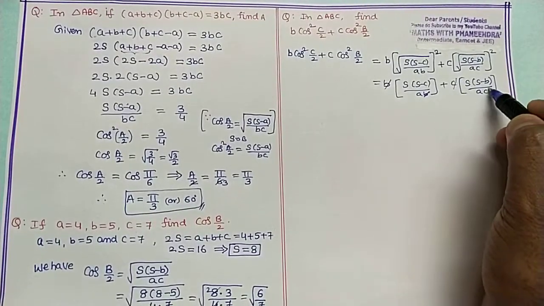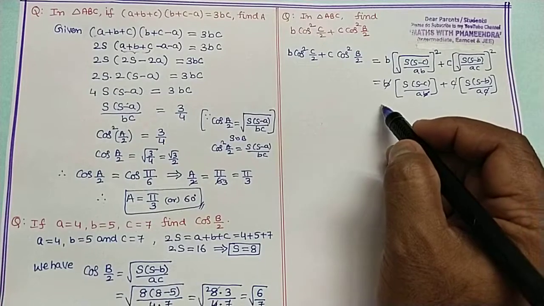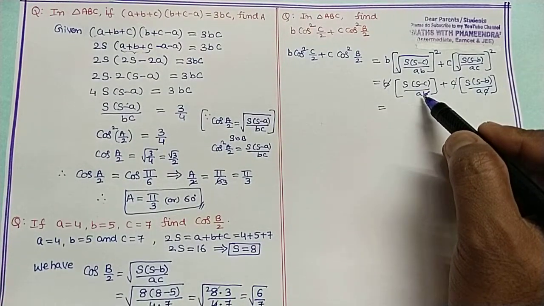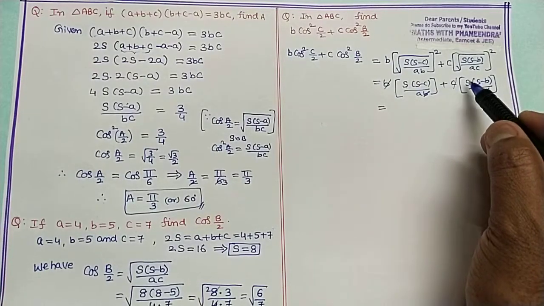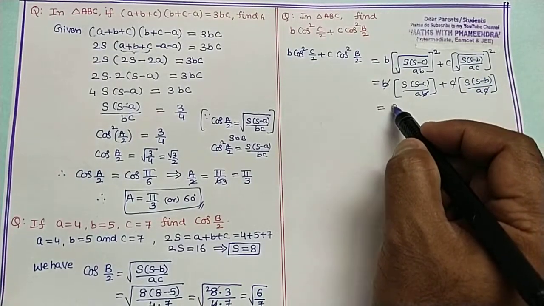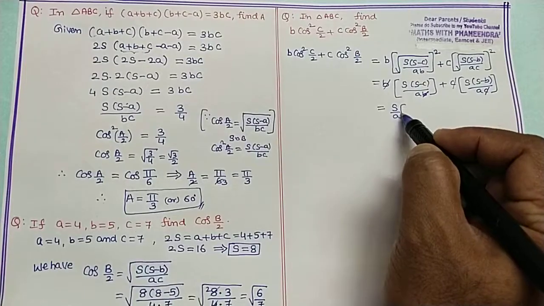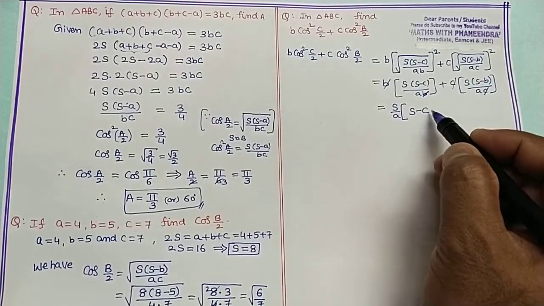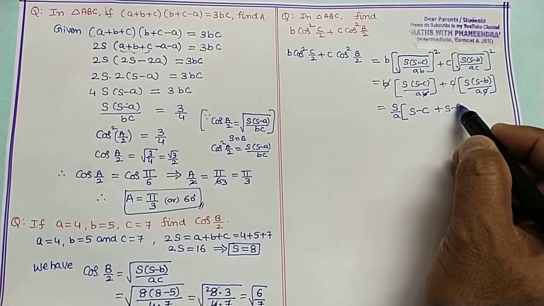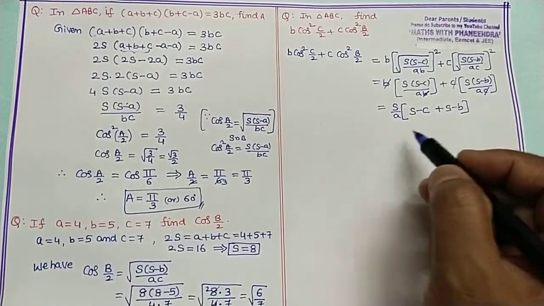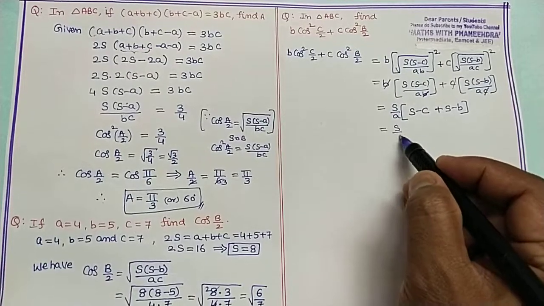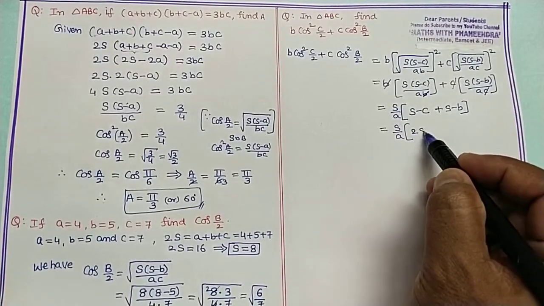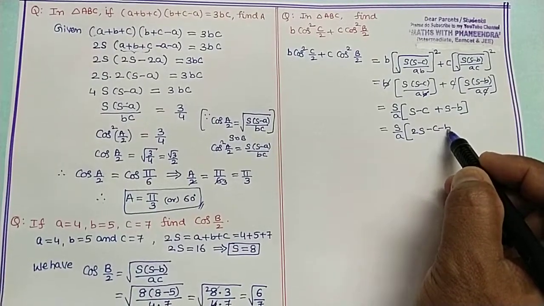Here c gets cancelled. The rest of the terms: here a is there, here also a is there. In the numerator s is there, in the numerator s is there. So s divided by a, take common from both the terms, and the rest of the terms you have to write: (s minus c) plus (s minus b). s by a into (s plus s is 2s minus c minus b).